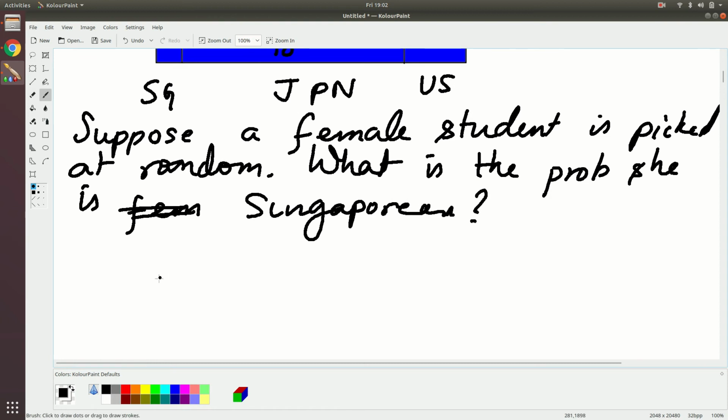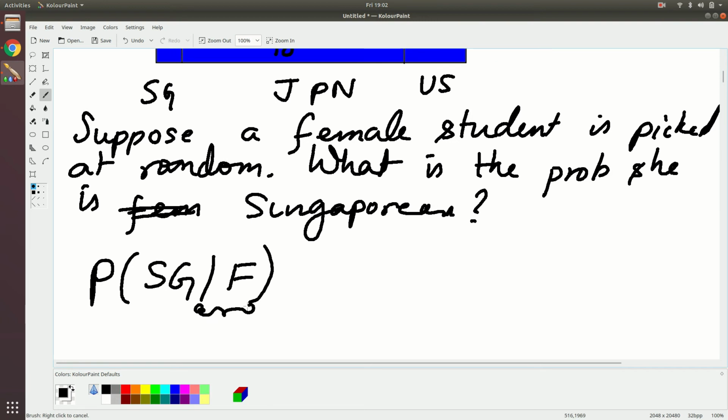Now this has a very intuitive notation. So we are asking what's the probability of getting a Singaporean, but we are only looking at female students. So this notation given indicates that we are only looking at female students.